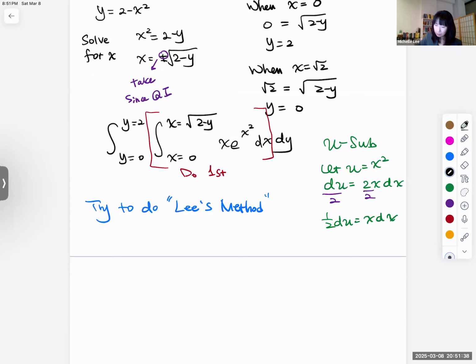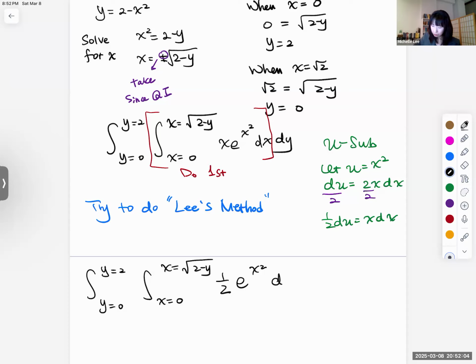That will be y equal to 0 to 2, x equal to 0 to square root 2 minus y. So we have e to the x squared, right? Yeah, du. Just dx. Yeah, let's do it.